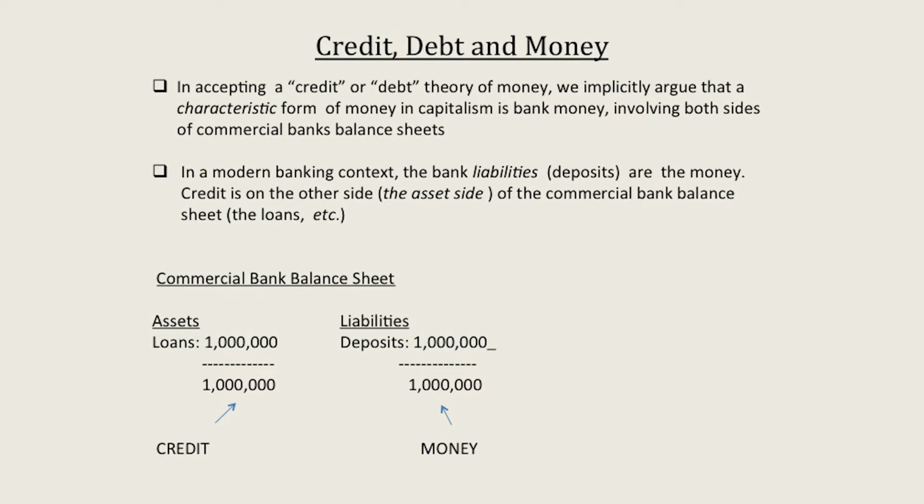The credit is on the other side, the asset side of the bank balance sheet, the loans and other instruments that they can issue. So if we say there's credit creation, that means that banks have extended loans, but it implies that there's money creation on the deposit side of exactly the same thing. And this is the key to endogenous money. This is the idea that money is endogenous.